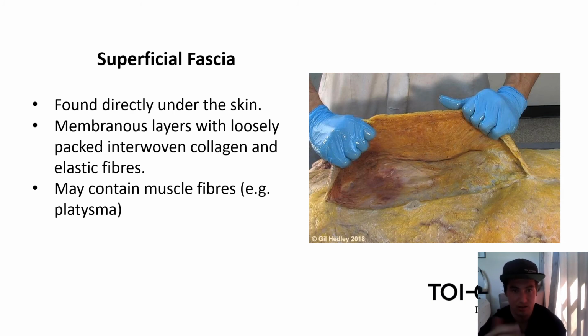Superficial fascia means close to the surface, found directly under the skin. Fat connective tissue helps anchor skin down. If we think about the different layers of the skin, the epidermis and the dermis are the two layers of the skin, and underneath we have the hypodermis, which is technically not a skin layer, but helps keep our skin down in place.